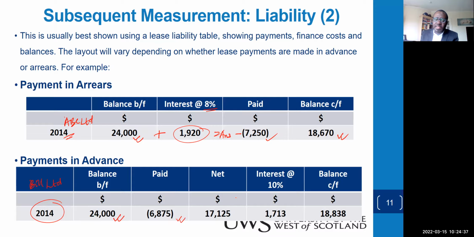So they pay in advance. So their net balance becomes this. Subtract this from this and you get a net balance. Before the company or the lessor charges an interest of 10% on it, added, and he gets a net figure of 838. Don't worry, because we're using 8% and we're using 10%. That's why the figures have changed.